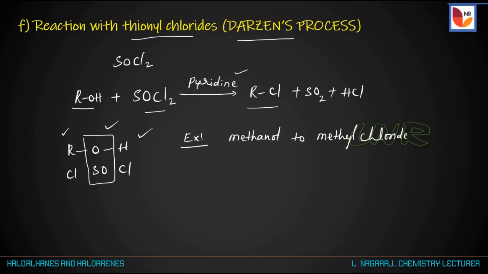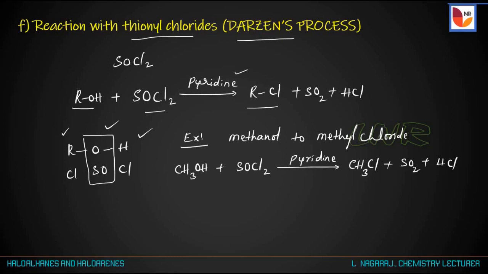That is methanol, that is CH3OH, reacts with the thionyl chloride SOCl2 in the presence of pyridine. So it gives the product, that is CH3Cl, like RCl, plus the byproduct is SO2 gas, and another byproduct is HCl.